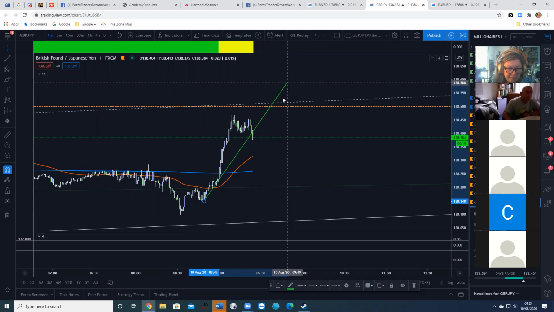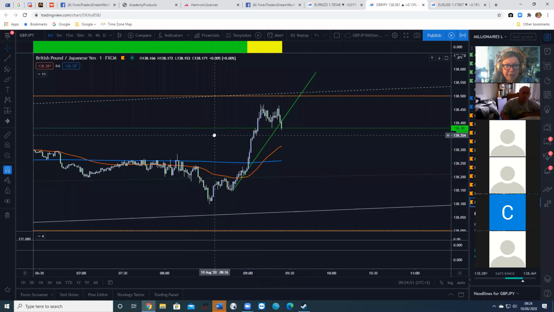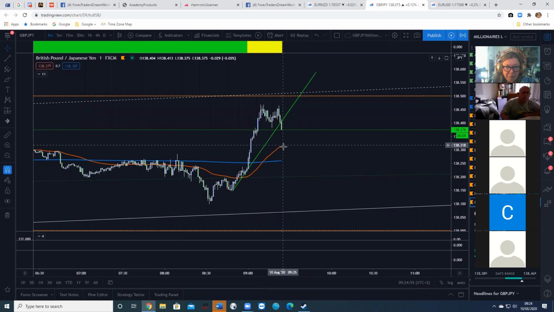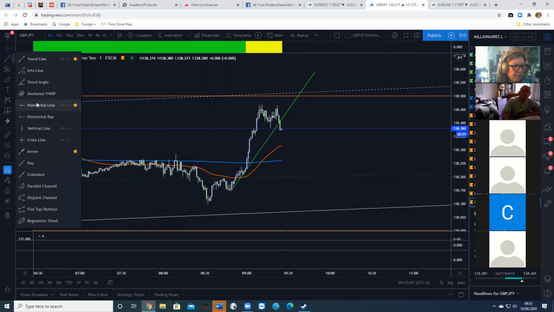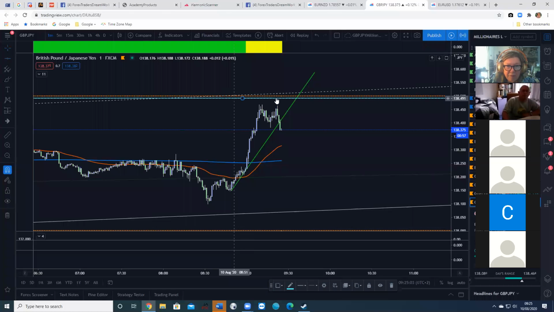Put that on like that, I think. So I've got 1, 2, 3, 4, 5, 6 touches on that trend line. Got a little double top going on there. So I don't know if it wants to come down to this 62 before carrying on up. So we'll put an alert on here and wait for this one.